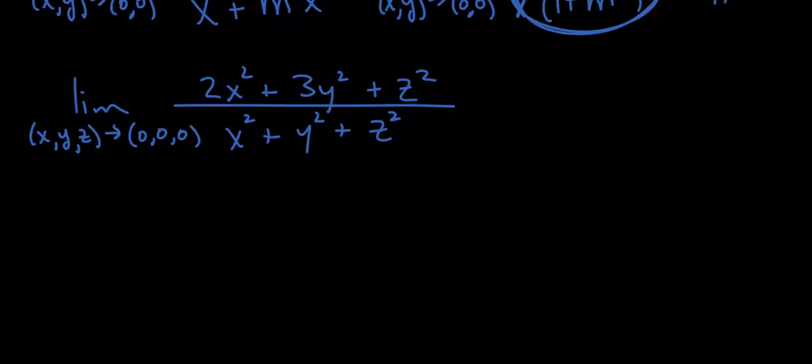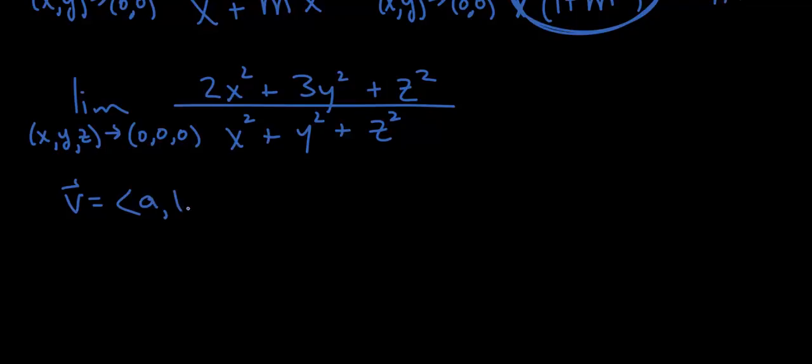So here's what we want to do. We don't just have x's and y's, we have x's, y's, and z's. So let's do this, just like we did earlier, where we said, okay, let y equals mx. We'll just approach along that line. Let's do the same thing here, but this time let's do the procedure that we use for 3-space.